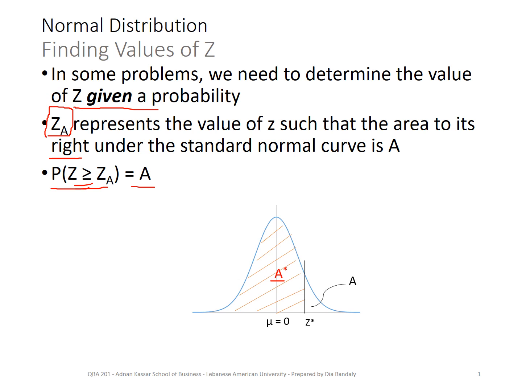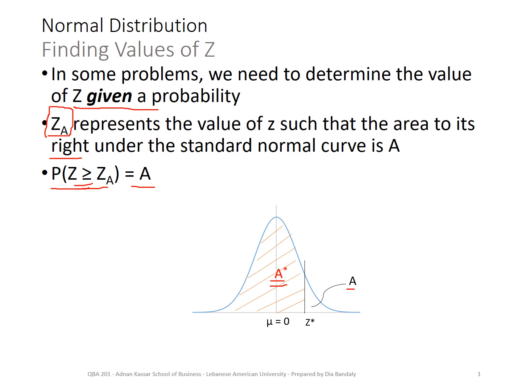And by the way, this A and this A star are related. How? The sum of these two areas is equal to 1. Why? Because these two areas represent the total area under the curve, and we know that the total area under the curve is equal to 1. So if I know this A star, I will be able to tell what's A. If I know A, I will be able to tell what's A star, and we're going to use that a lot.